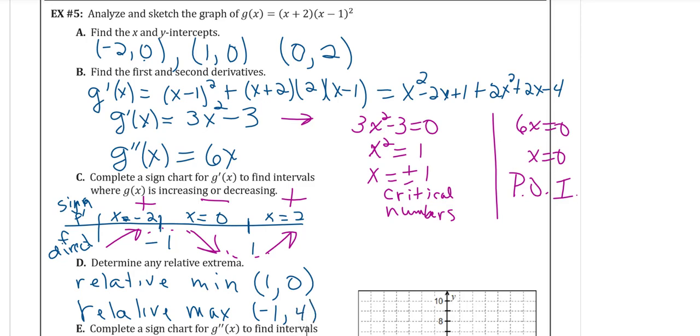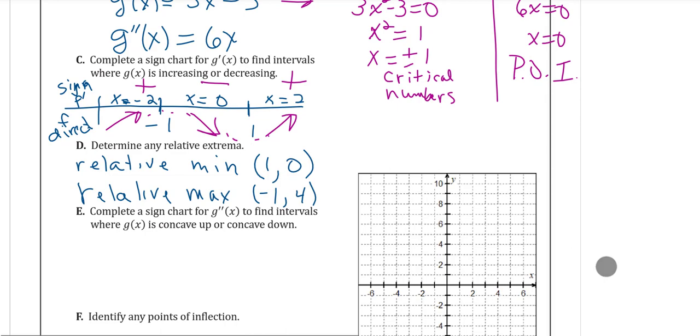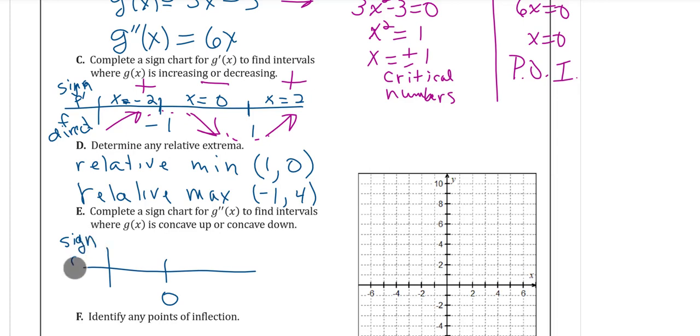All right, next thing. I need to do a sign chart for my points of inflection to determine the concavity. So here is going to be my sign of g double prime and my g direction.